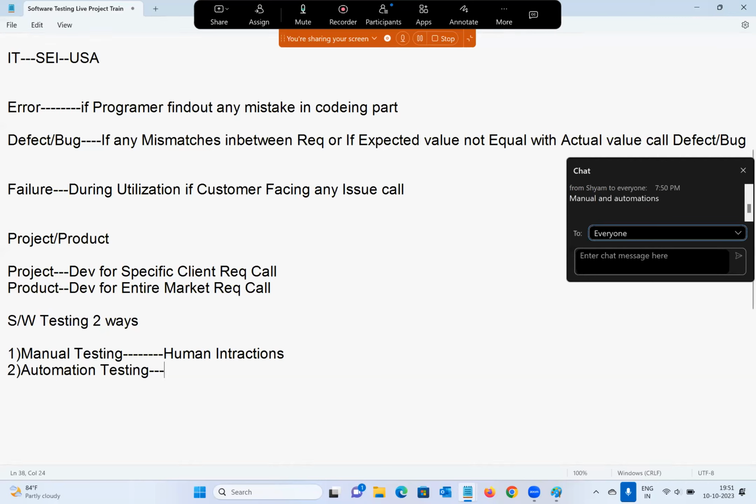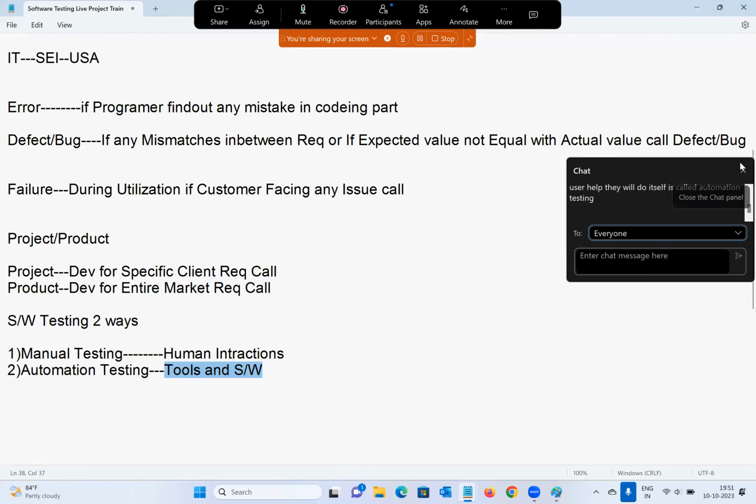By the help of tools and software, it is called automation. What is manual testing? It is a process of testing an application without any help, only by human interaction. By the help of tools and software, it is called automation testing.